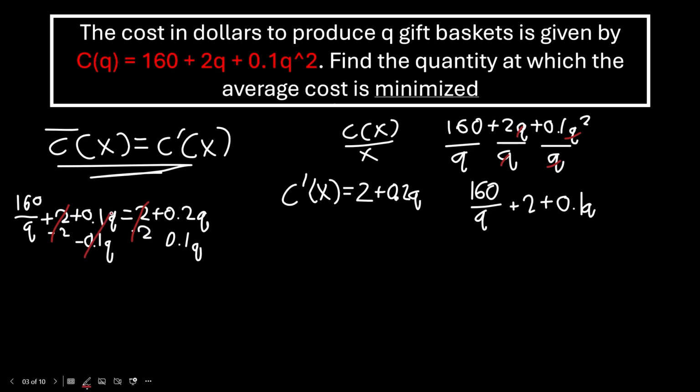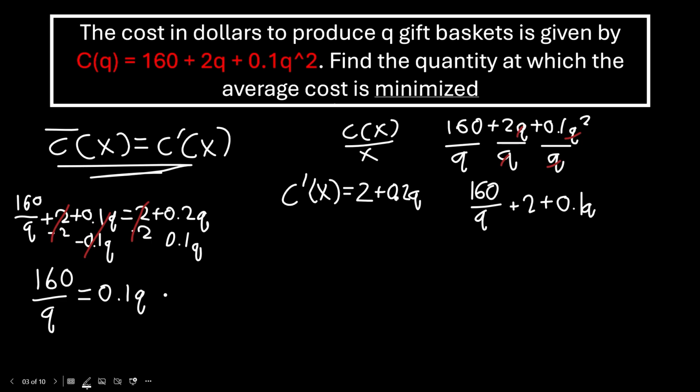This should cancel out as well. What you should end up with is 160 over Q equals 0.1Q.